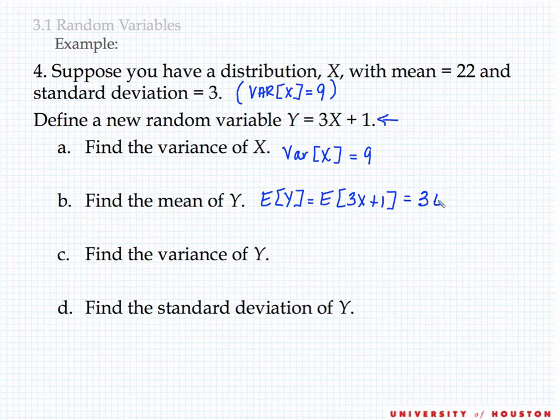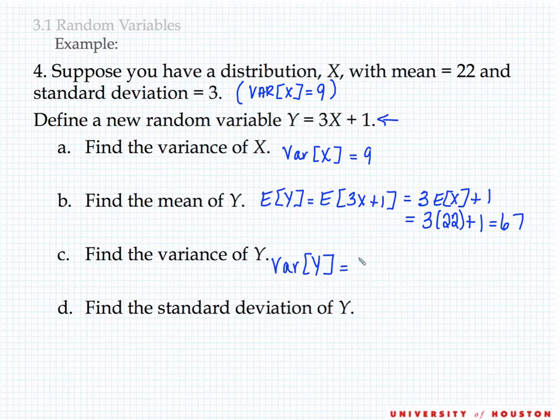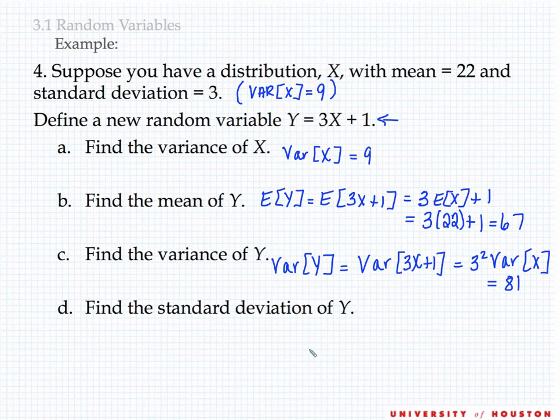So that'll be 3 times the expected value of x plus 1, or 3 times 22 plus 1. Now the variance of y will be 3 squared, or 9, times the variance of x. So 9 times 9 is 81. The standard deviation of y will be the square root of 81, which is 9.